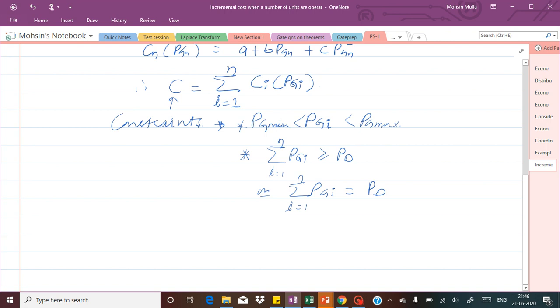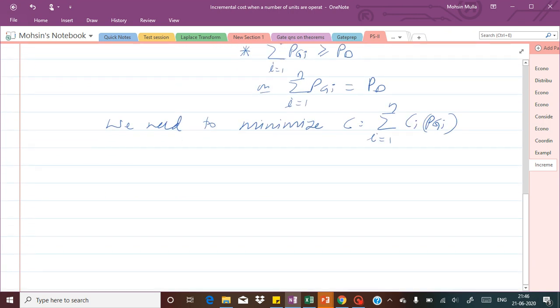This condition should be satisfied, and with these constraints we need to minimize C, which is nothing but the summation of i equal to 1 to n of Ci of Pgi. With these constraints we have to somehow bring down the value of C.